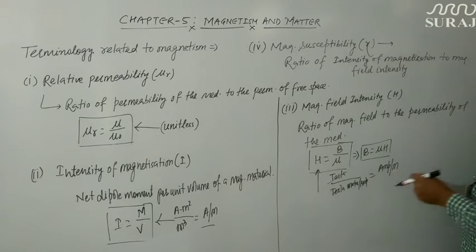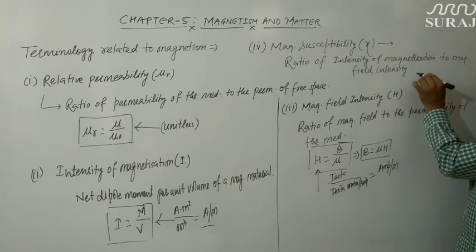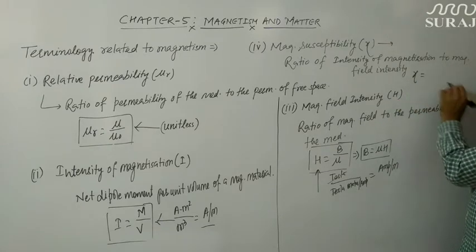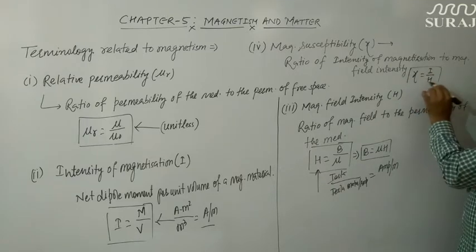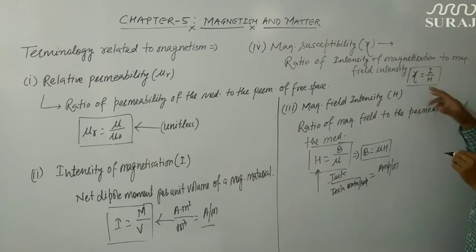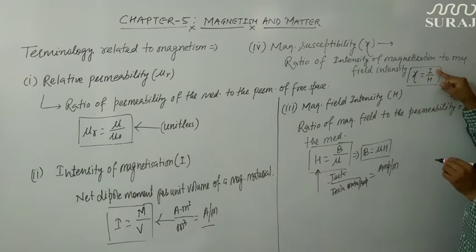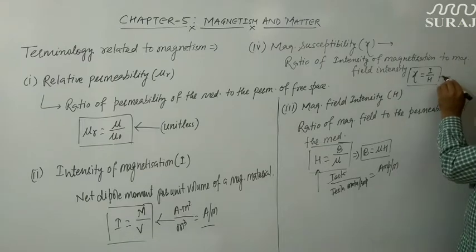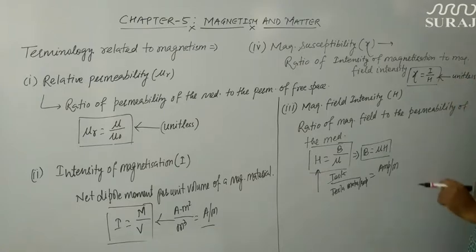What is intensity of magnetization? You will say I. And what is magnetic field intensity? It is H. So Chi can be written as I divided by H. It is also a unitless quantity, because the unit of I is ampere per meter and the unit of H is also ampere per meter, so this term is also unitless or dimensionless.